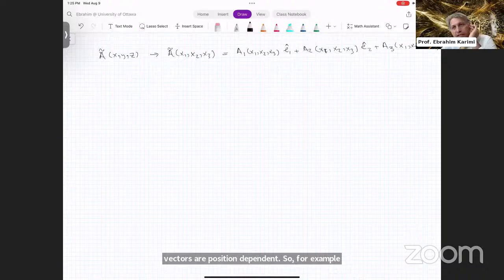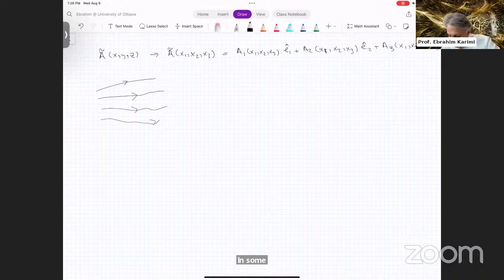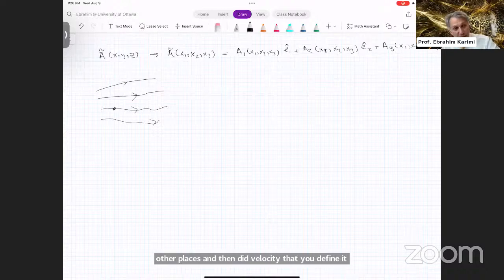For example, that can be a fluid which is moving. So assume that you are going to one of the mountains in Kurdistan and you see a spring, and then you look at the river and you see that in some parts the flow of water is different from other places. And then the velocity that you define for each of those individual molecules there is different.